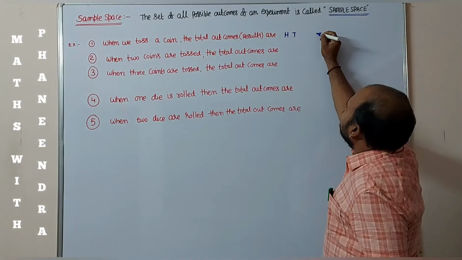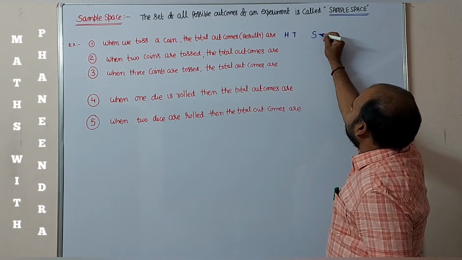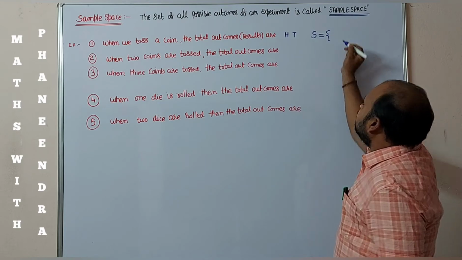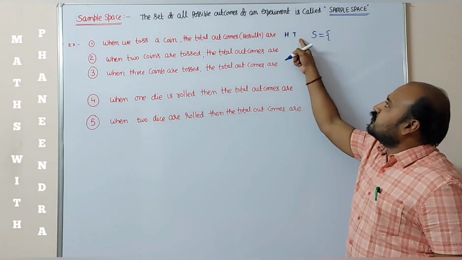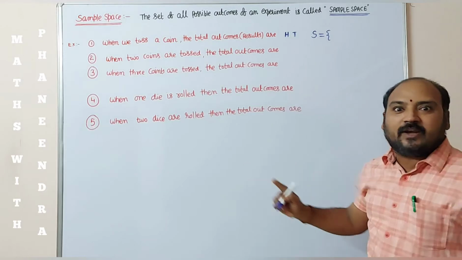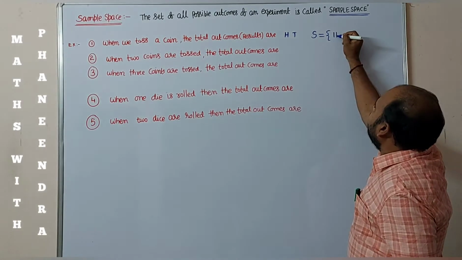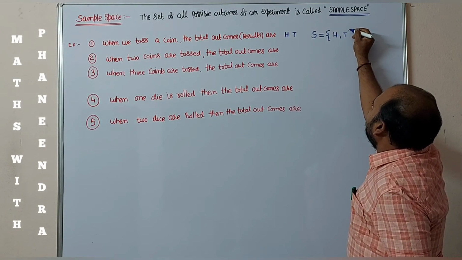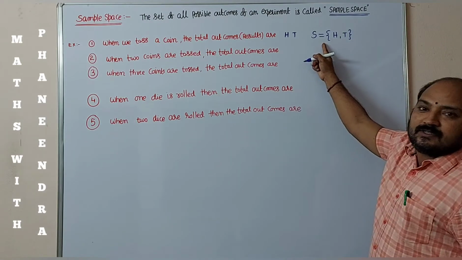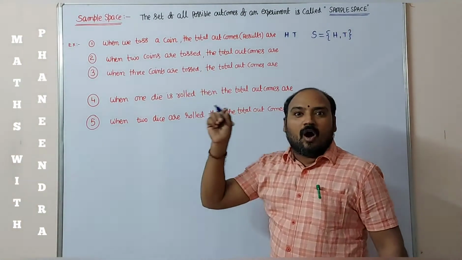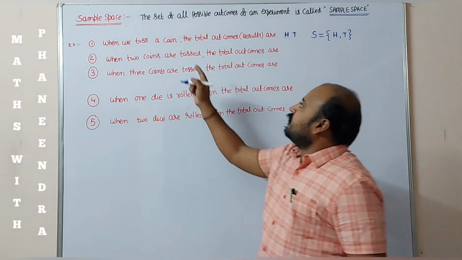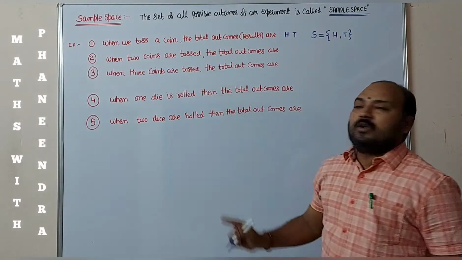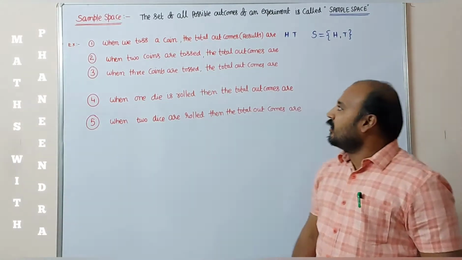So, the sample space is denoted by S. In that sample space, what are the outcomes we are getting? Head and tail. So, S = {H, T}. This is the sample space of the experiment of tossing one coin.